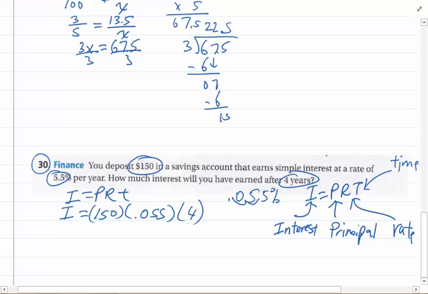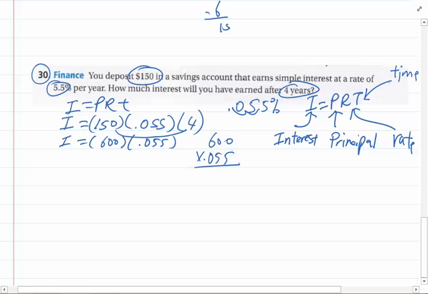I recommend you actually multiplying these two numbers first. You get 150 times 4, which is 600, times 0.055. 600 times 0.055. I know it's a big number, but you can do this. 5 times 0 is 0, 0, 30.